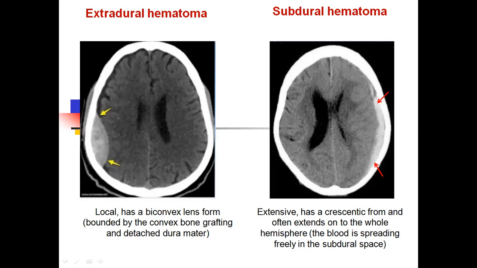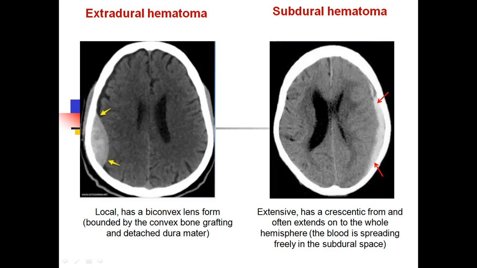Extradural and subdural hematoma have different presentation on CT and MRI scans. Extradural hematoma is local, has a biconvex lens form bounded by the cortex bone and detached dura mater.